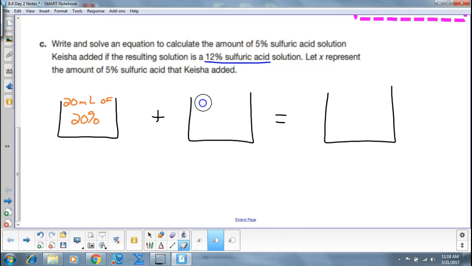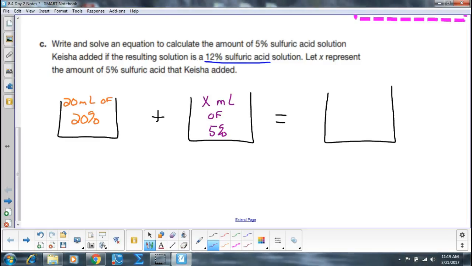I'm going to add in X milliliters of 5% solution. Right? Okay? So now I'm going to take those two and pour them into my third one, right?